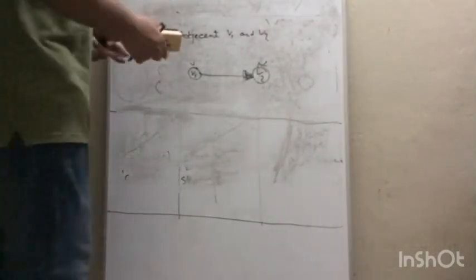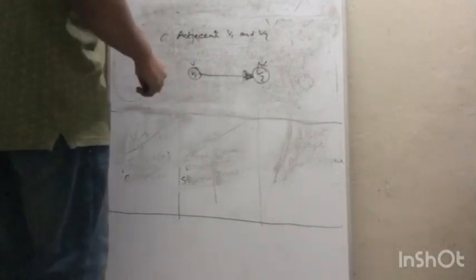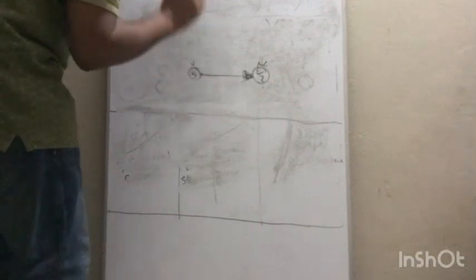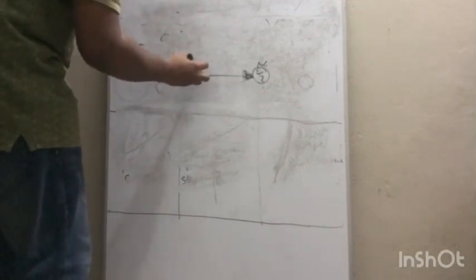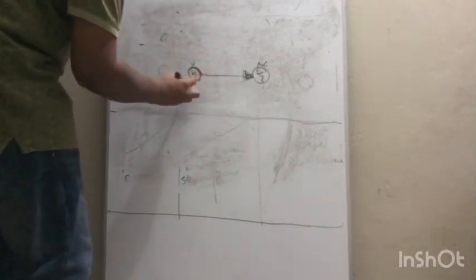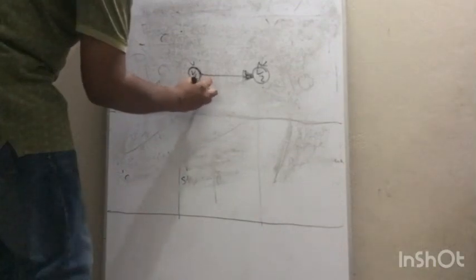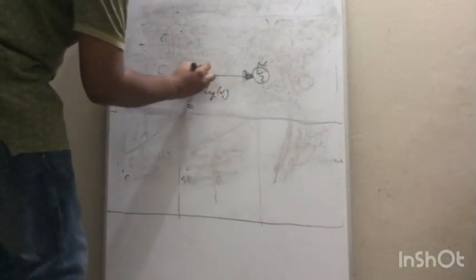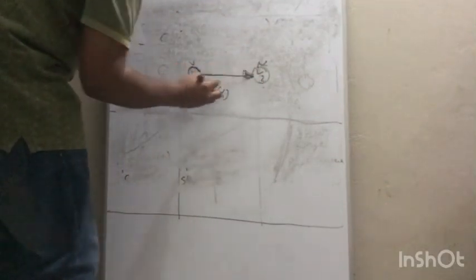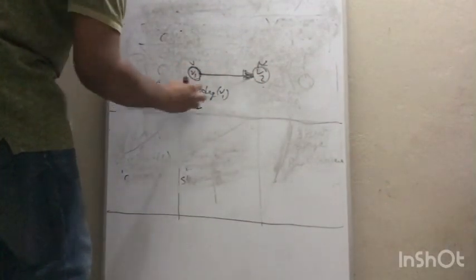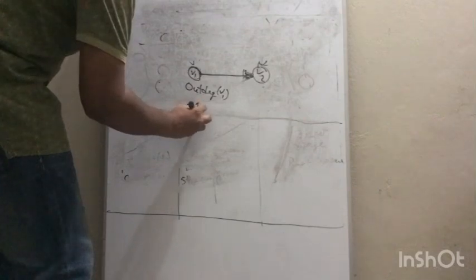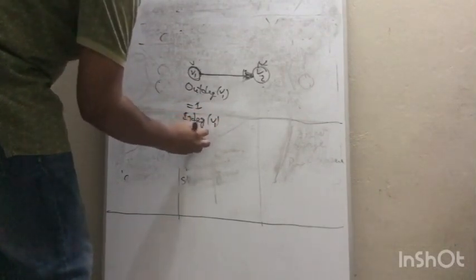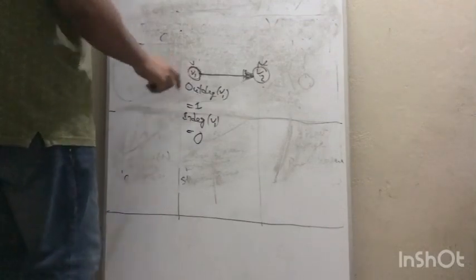In degree, out degree. Here, the out degree of V1 equals 1 because one edge comes out, and the in degree of V1 equals 0 because no edge flows in.